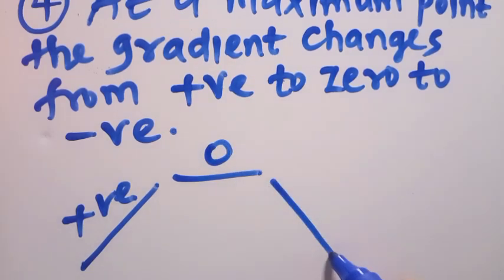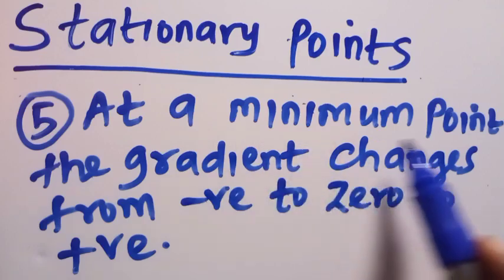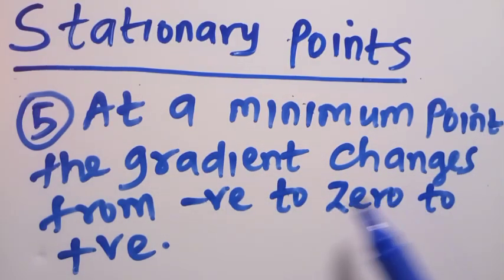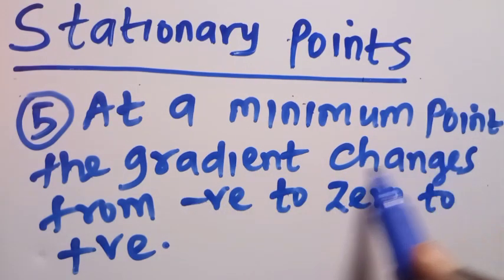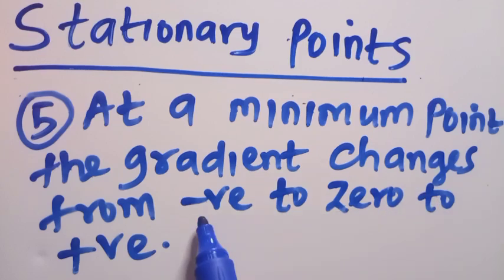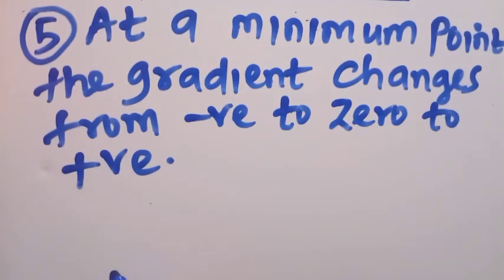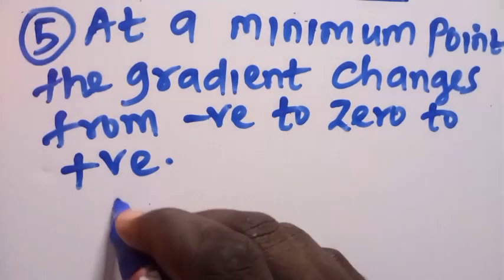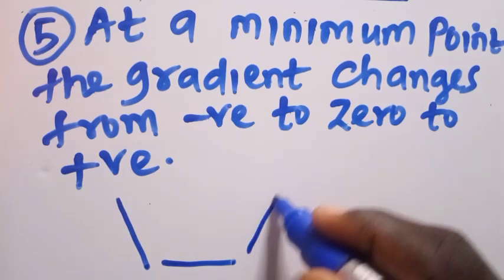then to negative. Fifthly, at a minimum point, the gradient changes from negative to 0 to positive. We can sketch this: it changes from negative to 0, then to positive.